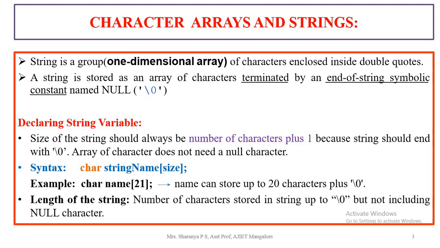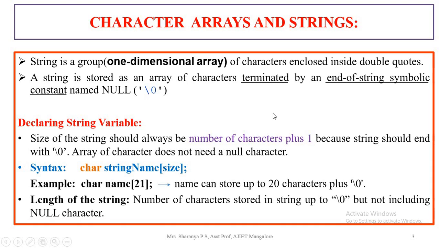One special feature of a string is that the last character of this set needs to end with a \0, or we call it the null character. That is, a string is stored as an array of characters terminated by the end of string, which we represent as a \0, also called a null character.